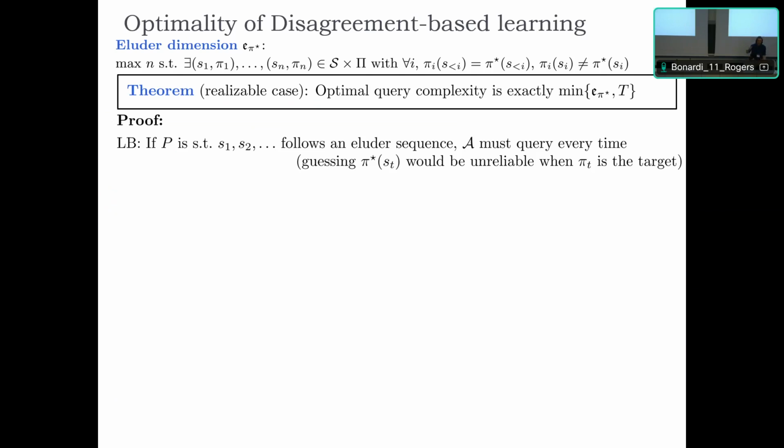So it has to be reliable for all possible targets, and so it would be unreliable for pi_t if it were to guess pi star. So it has to query every time.